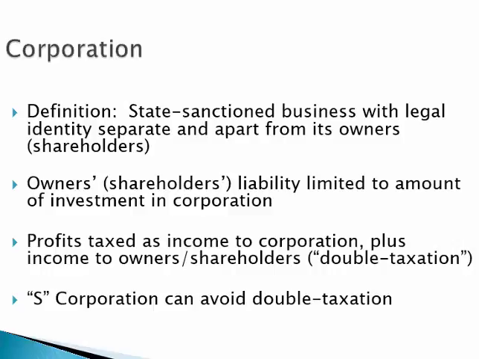So corporations are taxed at the corporate level, and then any distribution of the corporation is also taxed to the shareholder or the owner. So I have a business, and my business is to make soap. I incorporate. I make a lot of soap. I sell it. I pay myself an income. My business is a corporation. I'm an owner. I'm also a shareholder.